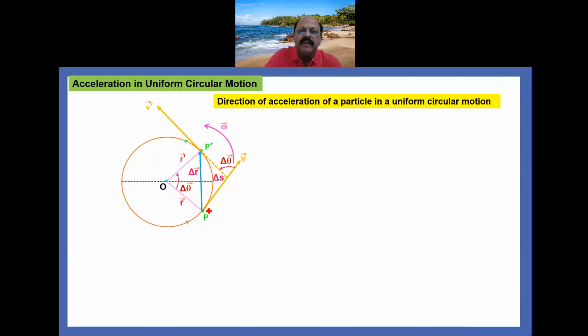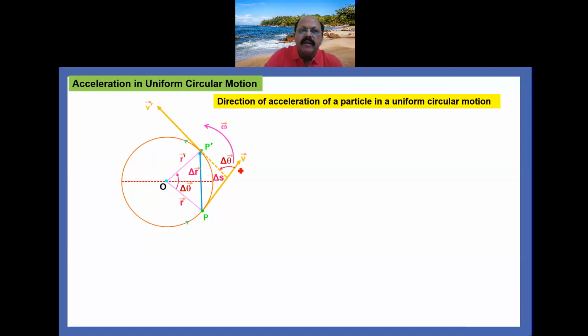So the velocities are represented by the tangents drawn at the points. We take the two points P and P dash, and the particle moves from P to P dash through the angular displacement delta theta vector.